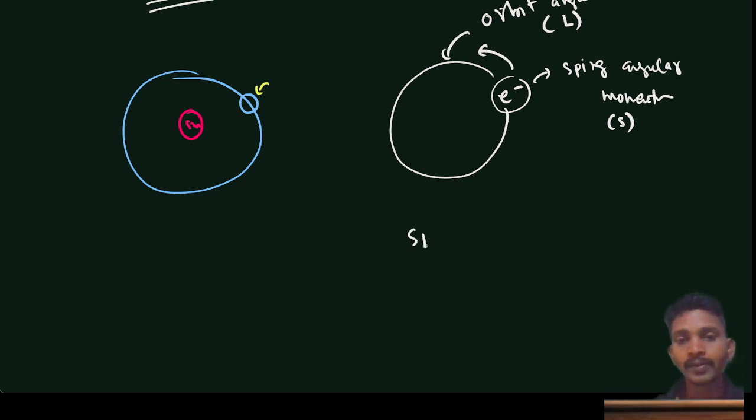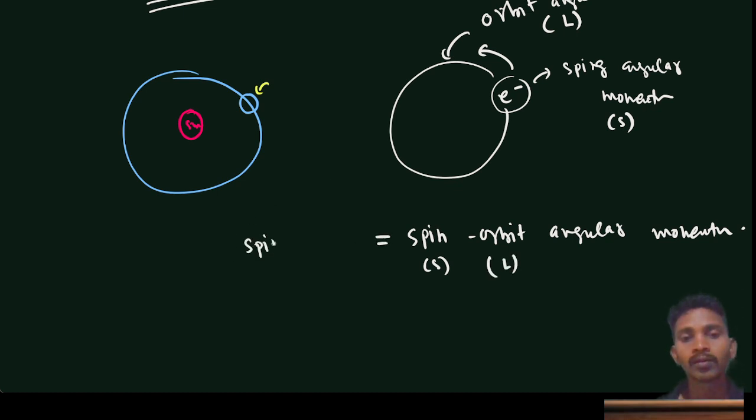That is called spin-orbit coupling, where S is spin and L is orbit.